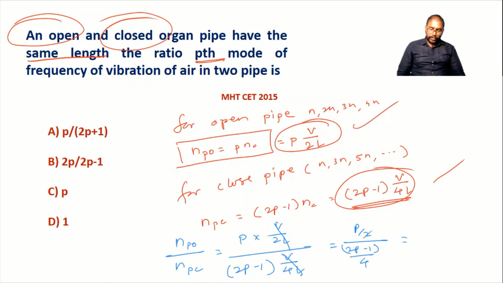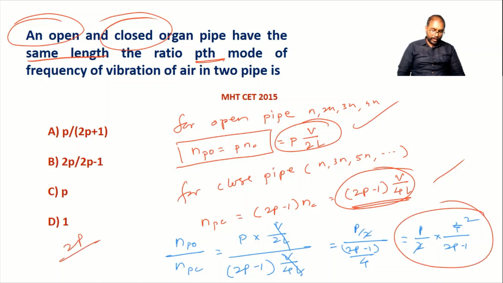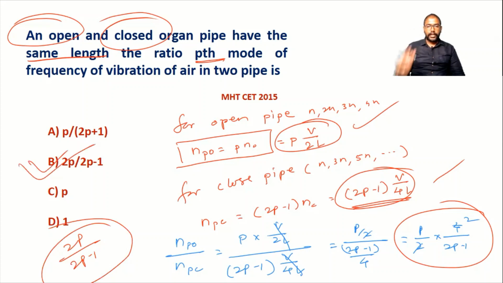So P by 2 into 4 upon 2P minus 1. 2 twos are 4, so we get the final answer 2P divided by 2P minus 1. So it is option B. Option B is the correct answer. This question is a little tricky, but not that difficult.